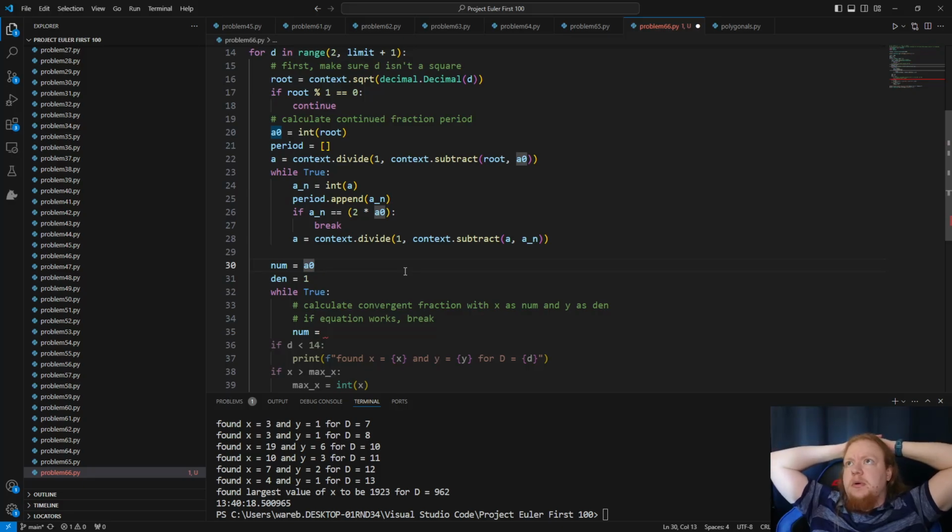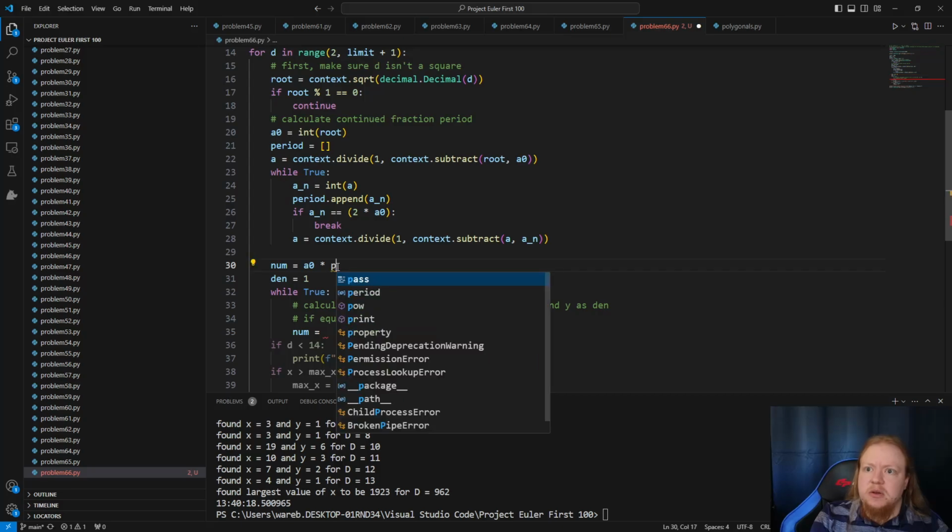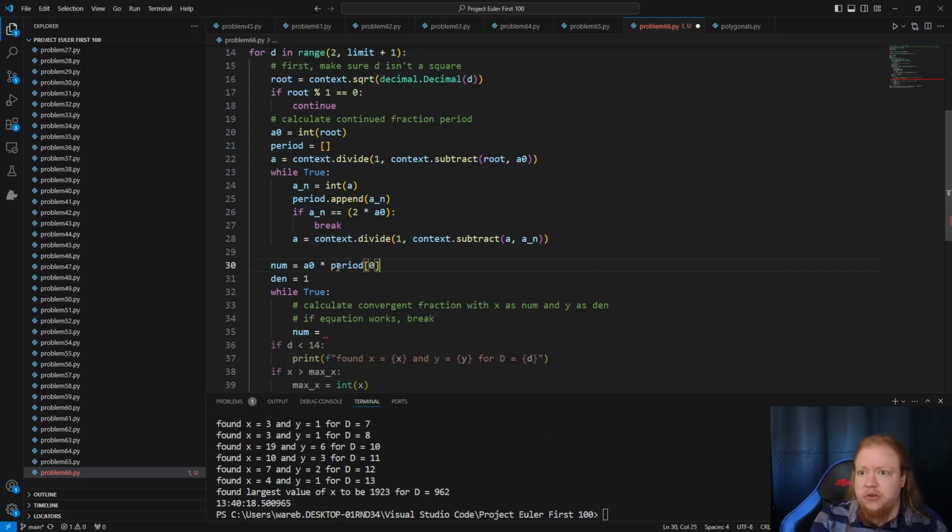So the first fraction version is always going to be a of 0 times that very first number, plus 1.